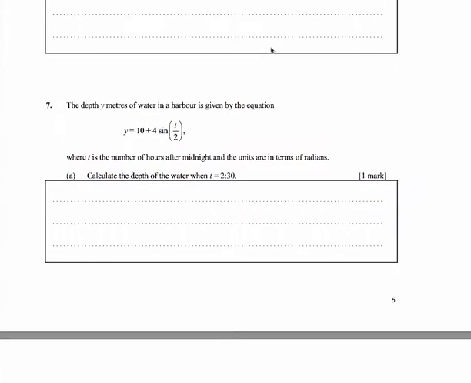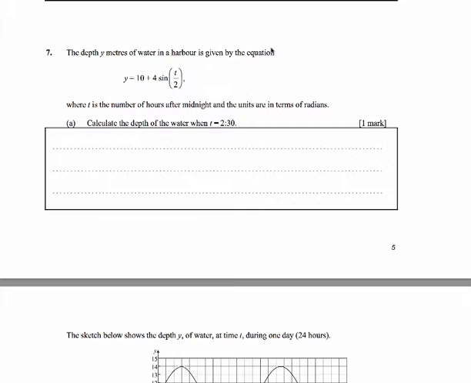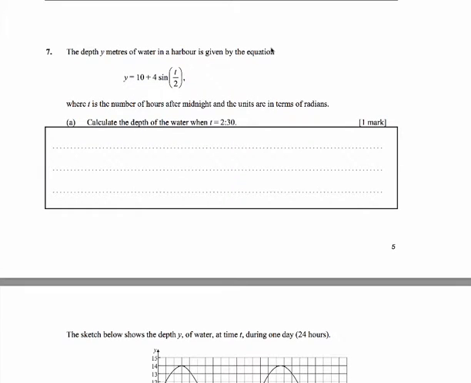All right. Whew. Question 7. The depth y meters of water in a harbor is given by 10 plus 4 sine of t by 2, where t is the number of hours after midnight and the units are in radians. Calculate the depth of the water at 2:30 in the morning. So y is equal to 10 plus 4 sine of... 2:30 means 2.5 hours.